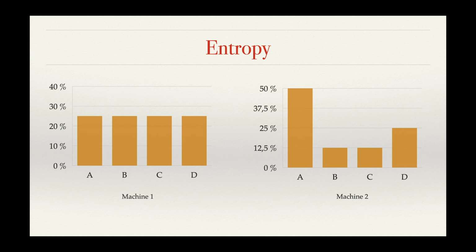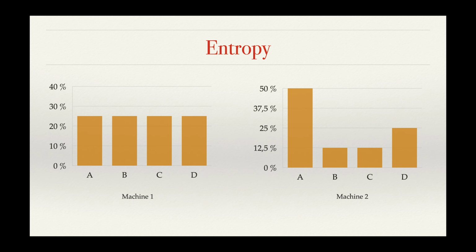If I guess A, it's highly likely it would be B. But if I ask you about machine 2, you tell me most likely it would be A, because 50% of the time A would be present. And if it is not A, you tell me then it should be D, because D is the second most likely. If it's not D, it should be either B or C.